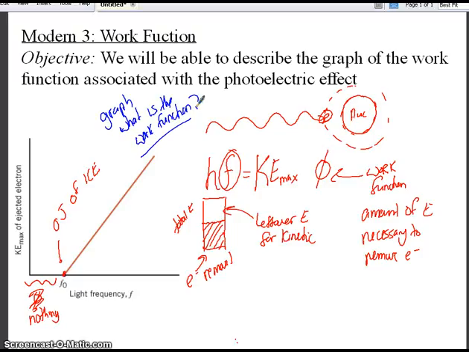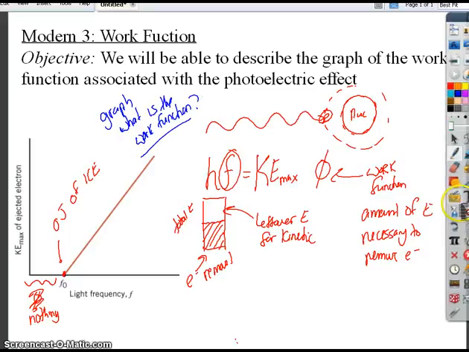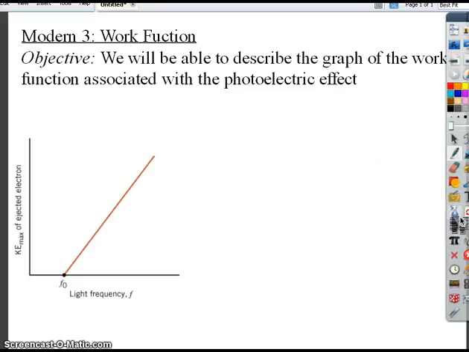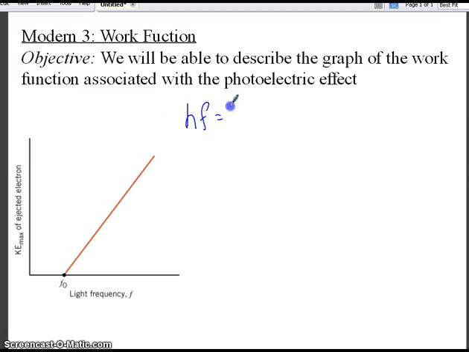The work function is the energy required to eject an electron. And I just want to point out that very commonly, the amount of energy equals the amount of kinetic energy plus the work function. Notice the kinetic energy is the y-axis here.